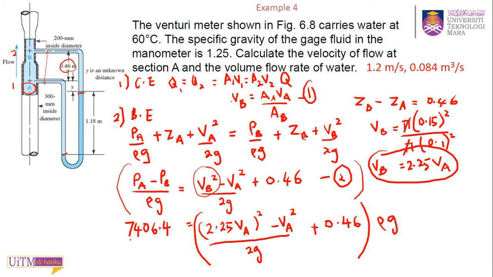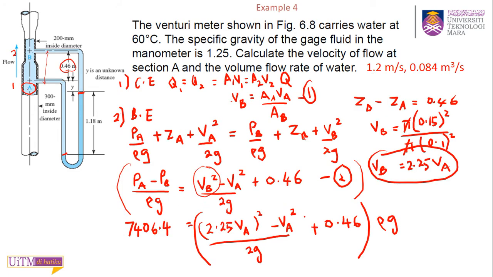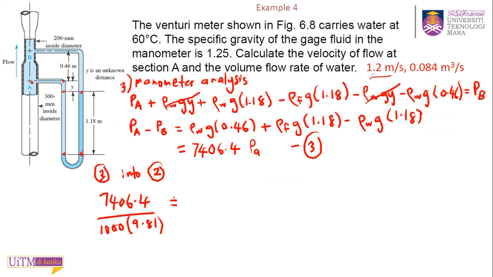So ni yang ni, okay, 7406.4 tadi over rho G equal to, or you can bring 0.46 to the other side, minus 0.46.